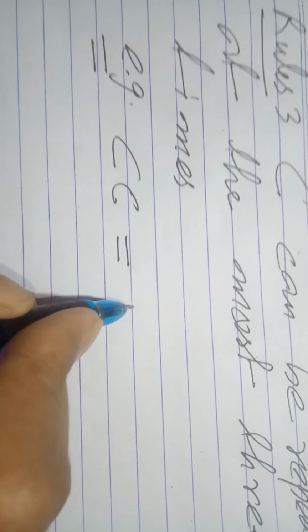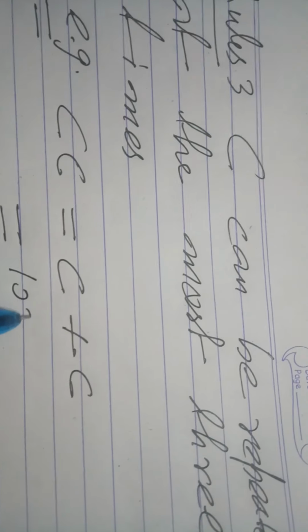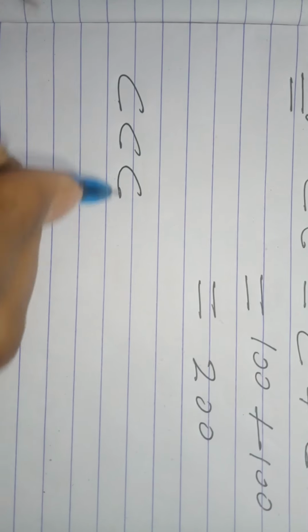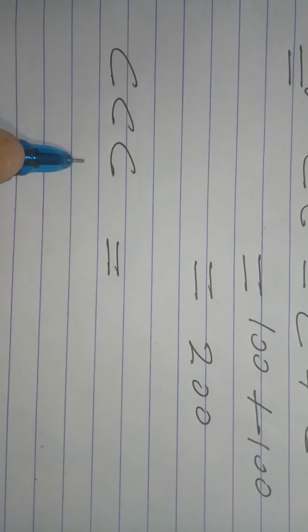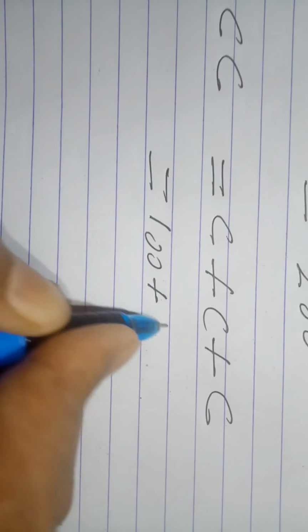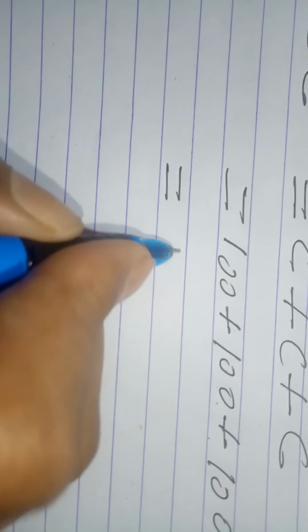C plus C plus C. C for 100 plus 100, 200. C plus C plus C, 100 plus 100 plus 100. We get 300.